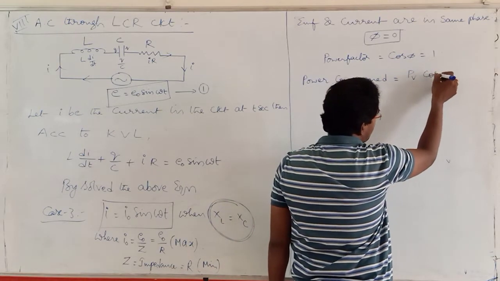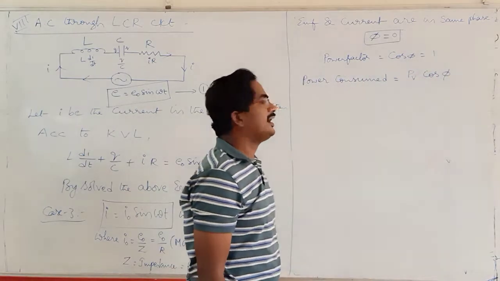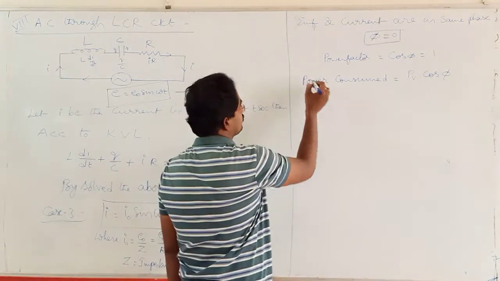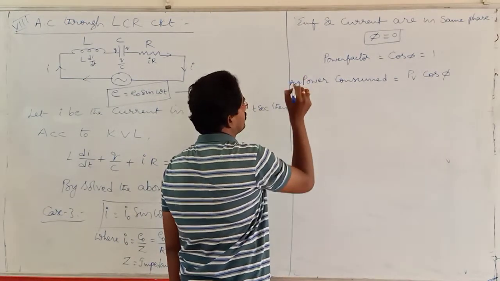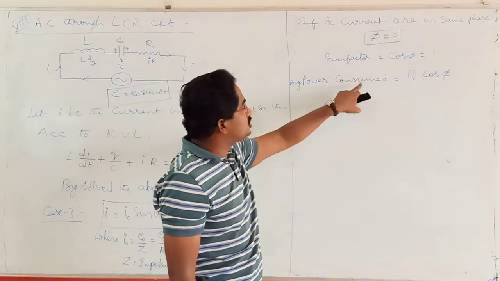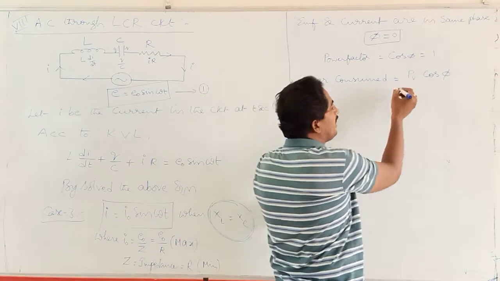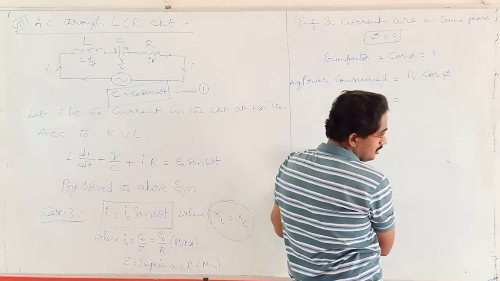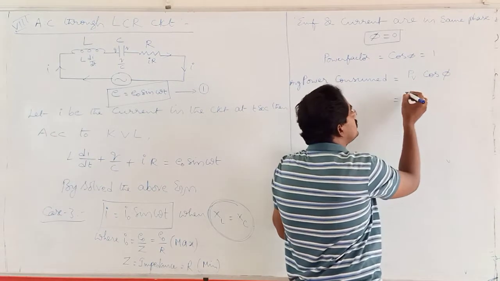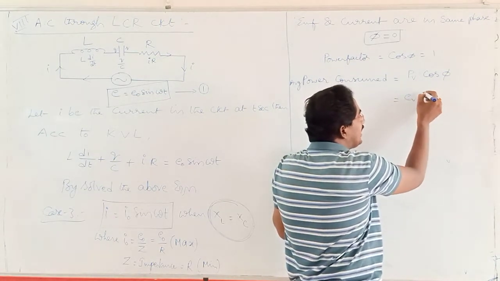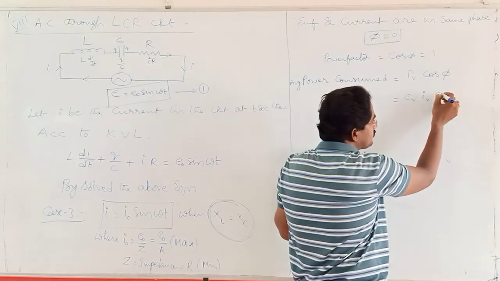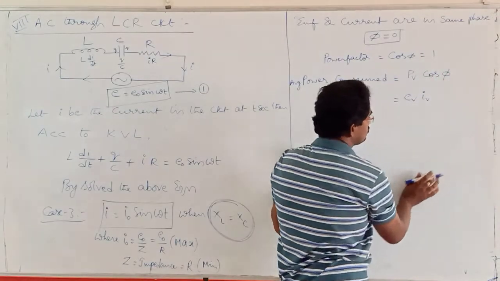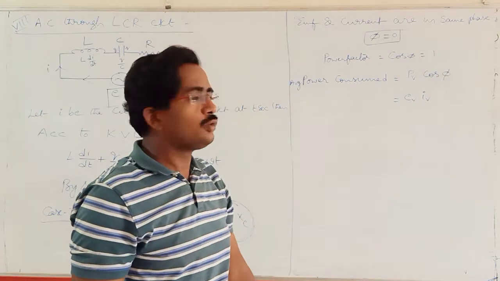PV cos phi. Right, average power consumed equal to PV cos phi. PV value here is EV IV cos phi. What is the cos phi value? 1.